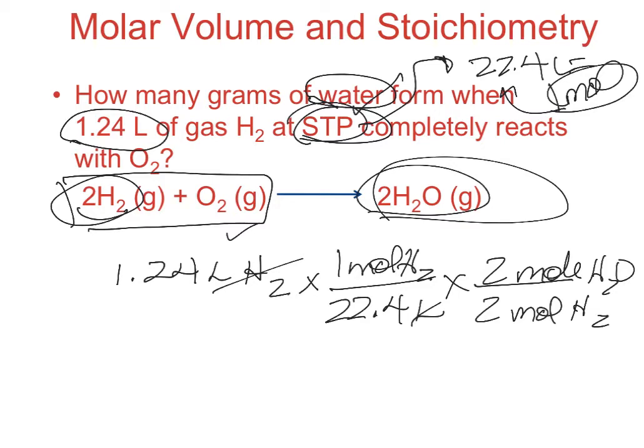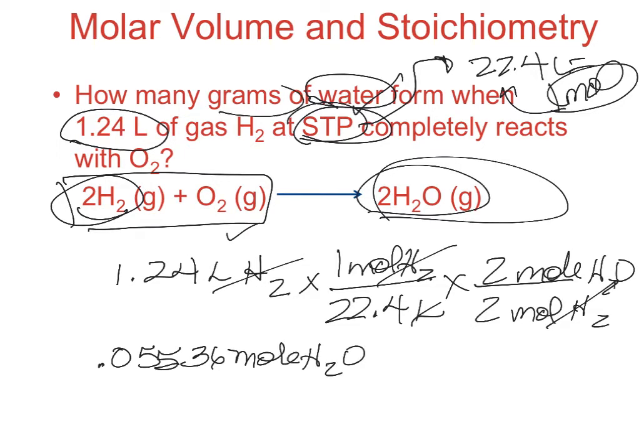You can do a long run-on conversion, but I wrote too big and ran out of room, so I'm going to get an intermediate answer. Okay, so we have 0.05536. That's more digits than I need, but this cancels, and we are at moles of H2O now.